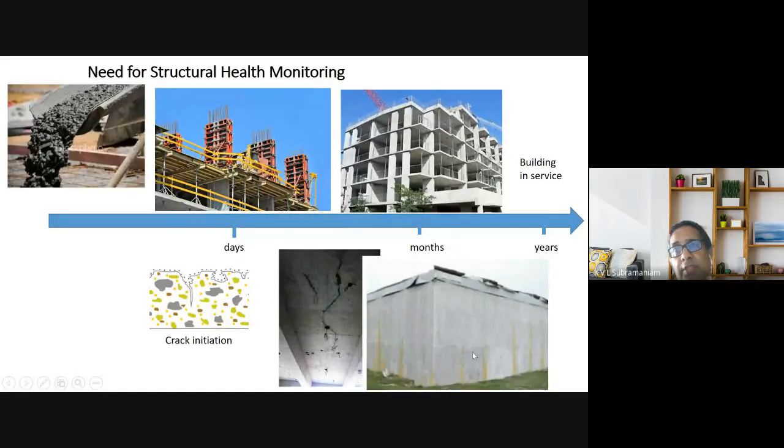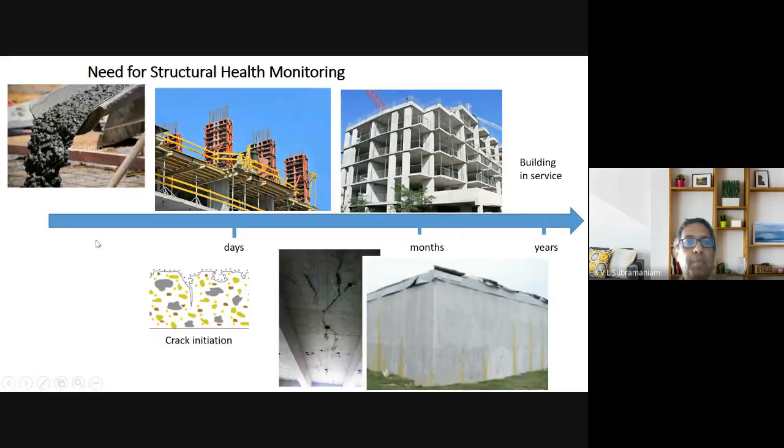The problem with concrete is that once a crack forms, water can get into the concrete, and typically concrete structures have steel. What you see here is the steel reinforcement. The reinforcement starts corroding, and then we have major issues in terms of damage to the concrete. Once the steel starts corroding, the structural capacity, the strength, starts degrading. So this is what we are looking out for.